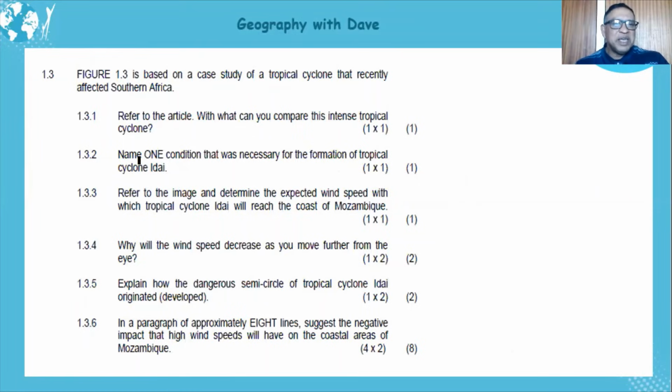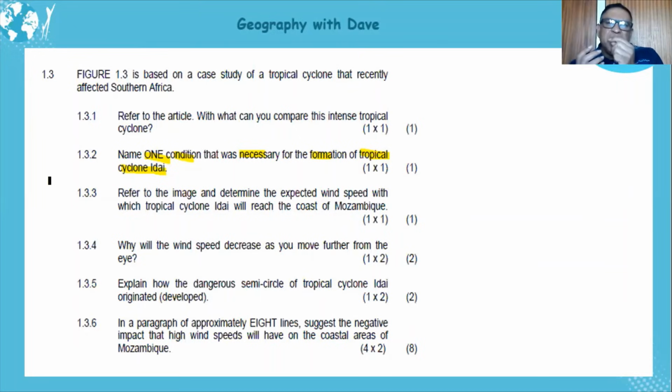One word. Okay. Name one condition that is necessary for the formation of tropical cyclone Idai. How do I know what formed tropical cyclone Idai? It's a tropical cyclone. So look at the question itself.